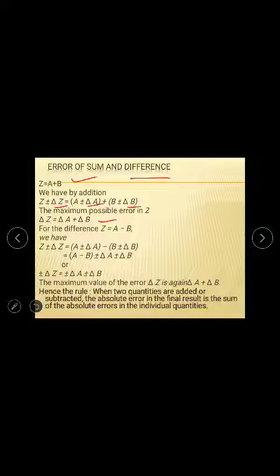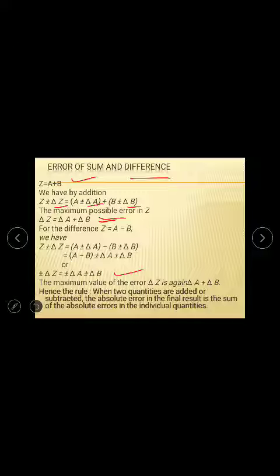Okay, see these equations, the error of sum for absolute errors and the error of difference for absolute errors. In the first, delta Z is equal to delta A plus delta B. Here again delta Z is equal to plus minus delta A plus minus delta B. So what is the rule related to it?